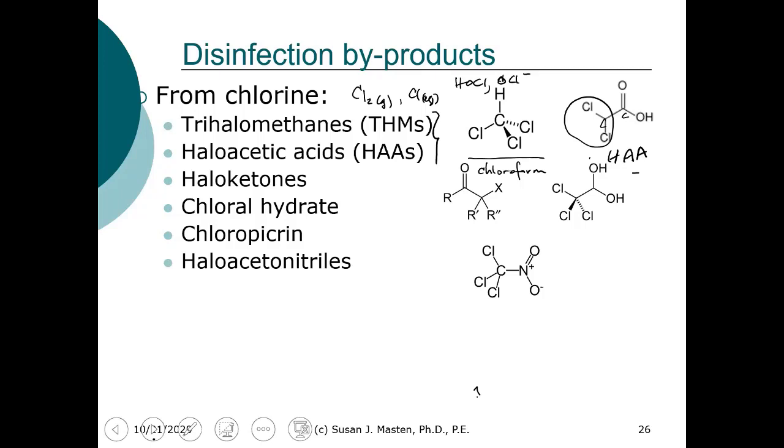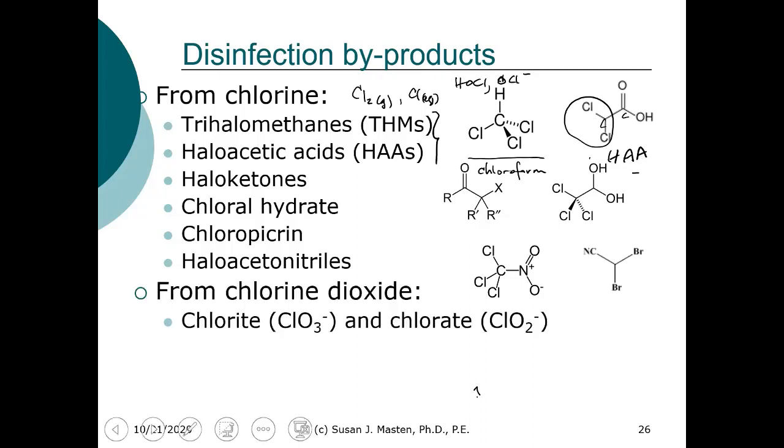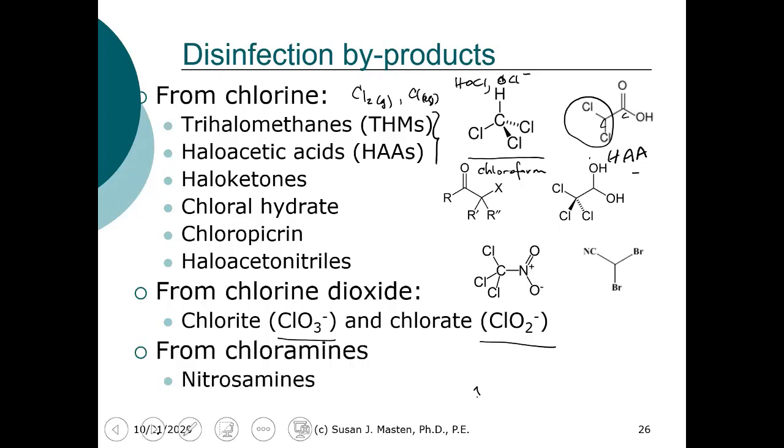Can produce haloacetonitriles. And this is a haloacetonitrile. From chlorine dioxide, as I mentioned, the major toxic byproducts that we're concerned about are chlorate and chlorite. And from chloramines, one of the major compounds that we're concerned about are the nitrosamines.